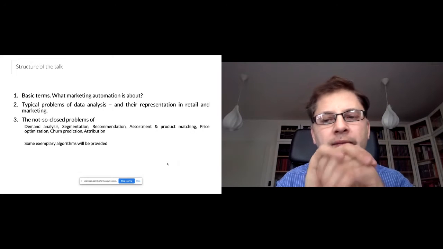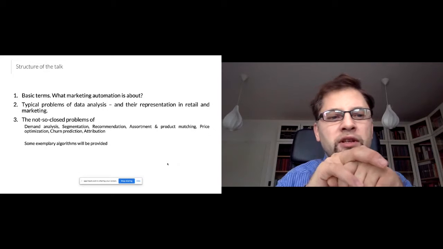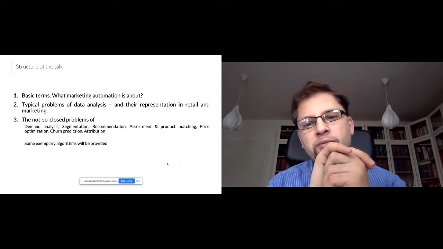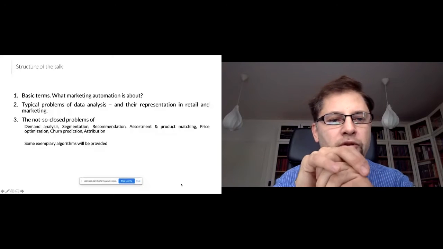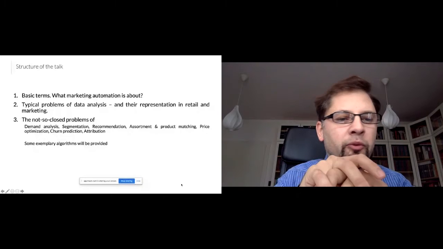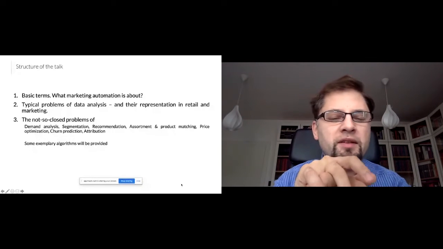So how they can be seen as marketing and retail problems. Then I will name some of them and provide some exemplary solutions. I'm saying that they are not so close because work is in progress. None of these problems can be seen as solved.